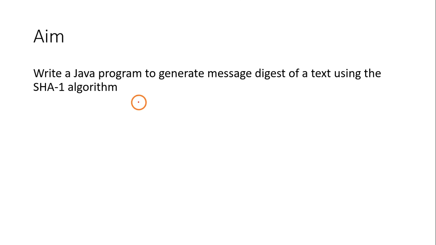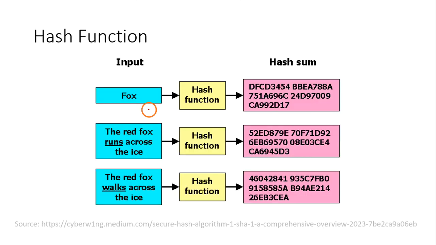So this program is about generating a message digest using SHA1 algorithm. SHA1 is a hash function. First, let's look at what a hash function is. A hash function takes some input and produces a value called hash.